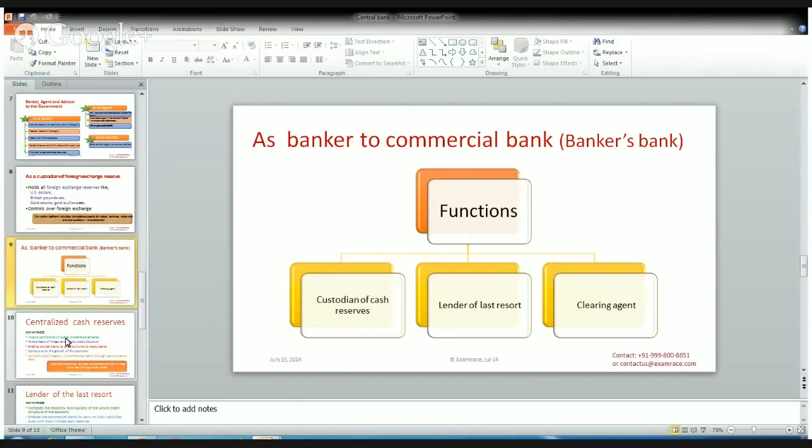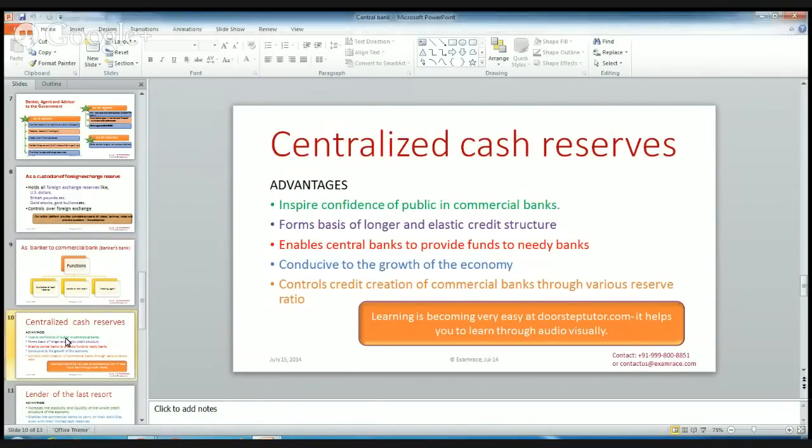First is the custodian of the cash reserves. Commercial banks have to keep some amount of their total net deposits and time liabilities in an account with the central bank. Why do they have to keep some fixed amount with the central bank? There are some advantages and reasons for that.